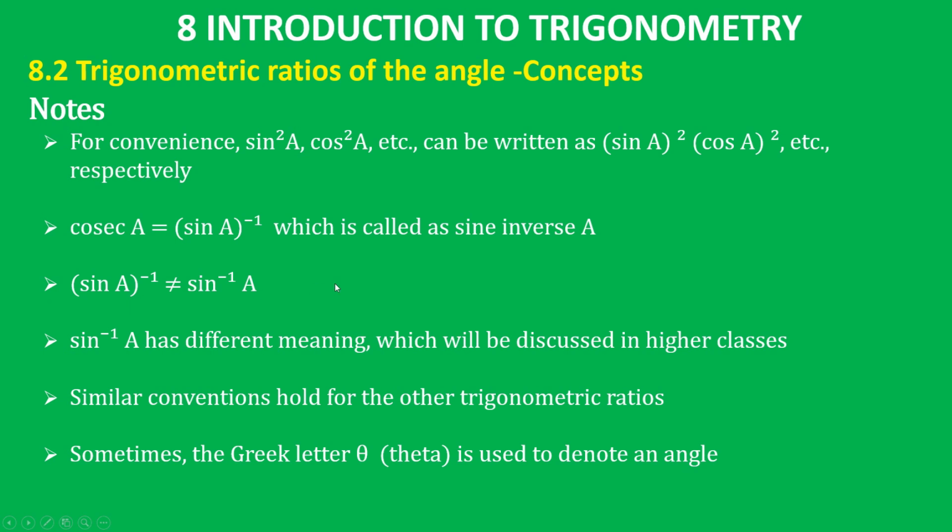That means you can ignore this. But in the exams, they may ask whether sine inverse A is equal to sine to the power of minus 1 A. So you have to say false. Similarly, for other trigonometric ratios also, we can specify these notes.